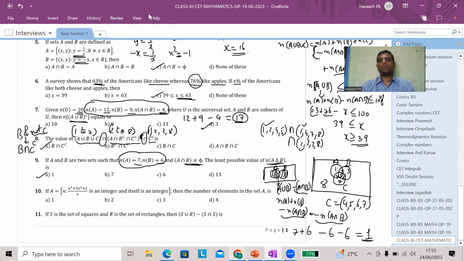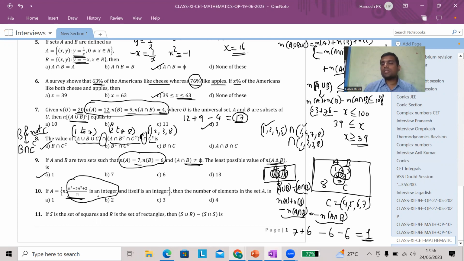Now we go to the next question. So they have given set A like this, and they're asking how many elements are there in set A. And what is the condition? Set A contains all n such that this term should be an integer.